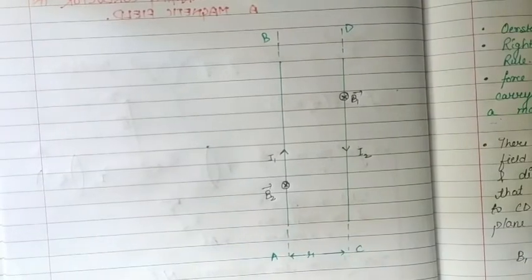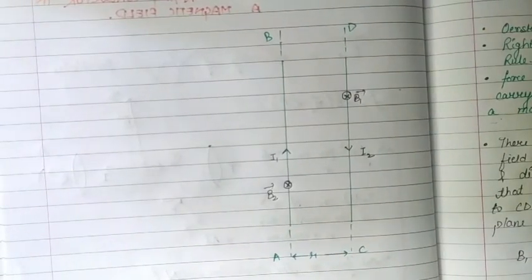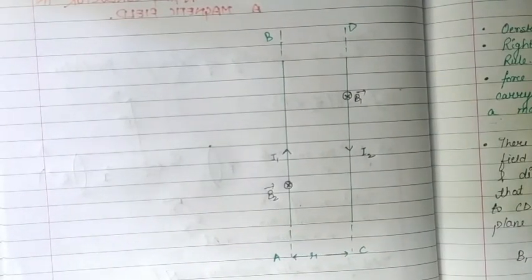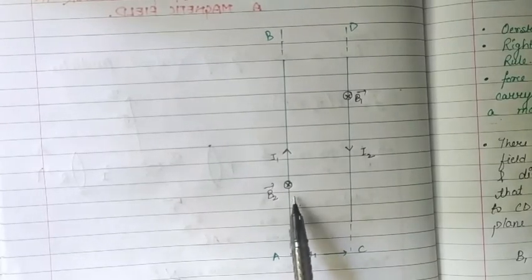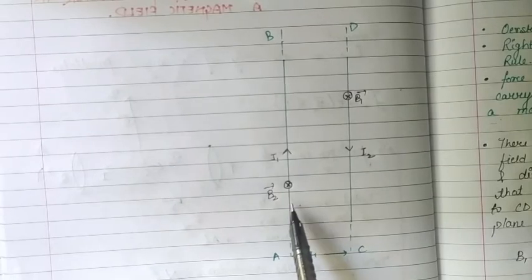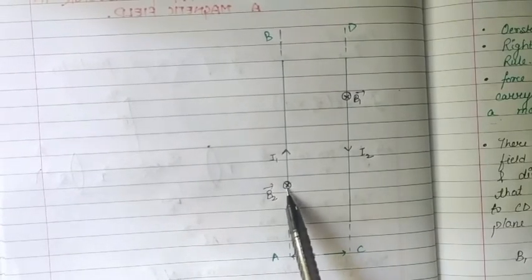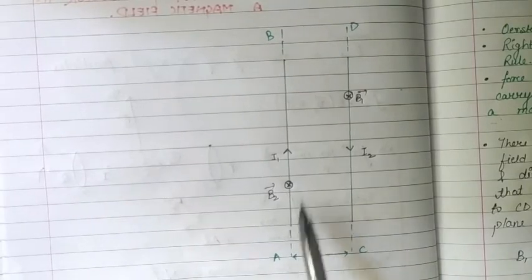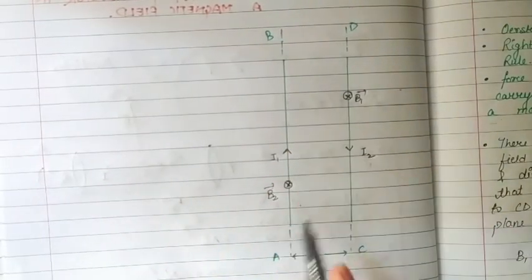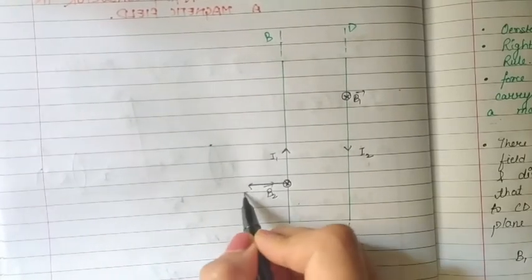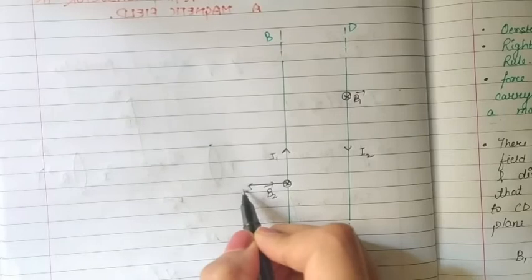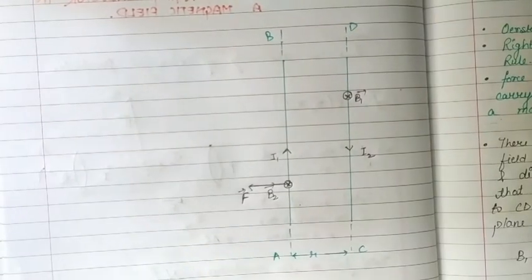Now we apply Fleming's left hand rule to see the direction of force. At AB, we have magnetic field into the plane of paper and current going from A to B, so we get the force in the outwards direction. This is the direction of force F1 vector.